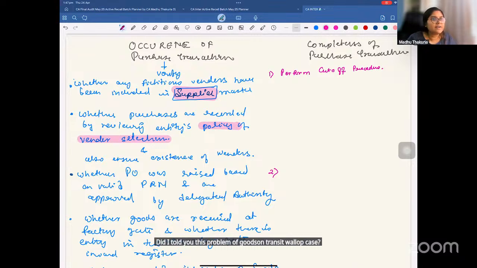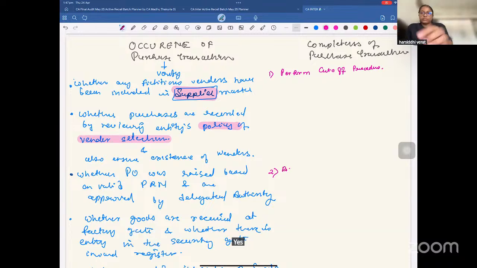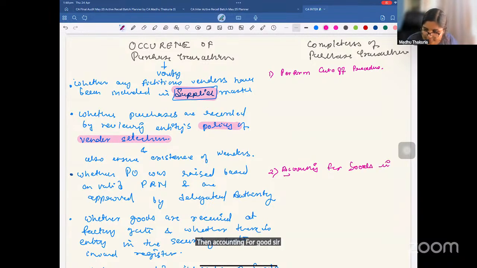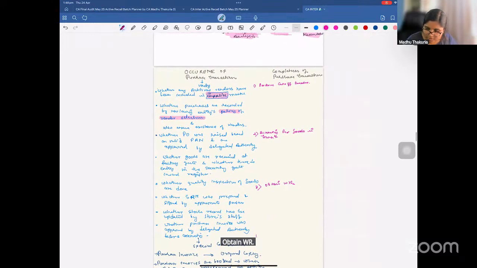The goods are still in transit and they book the invoices without the risk and reward being transferred. Yes. Then accounting for goods in transit. Obtain WR. Now this is a funny WR. You don't take WRs for all the purchases.